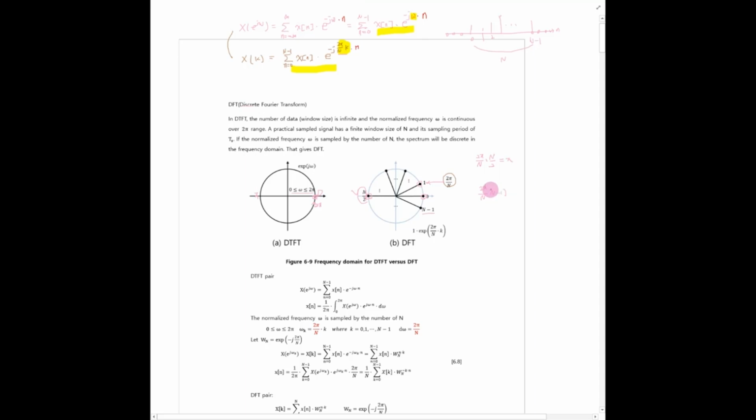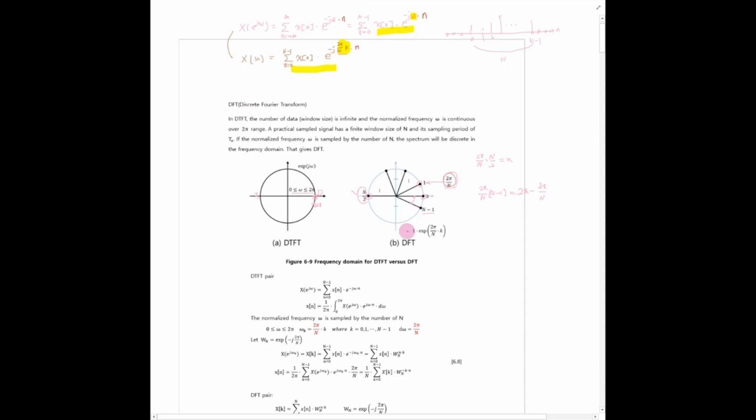In that case, the frequency is 2 pi over N times N minus 1, that is 2 pi minus 2 pi over N. So this frequency step is this one.